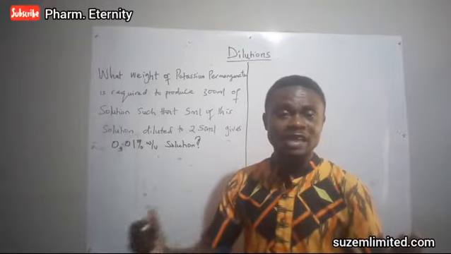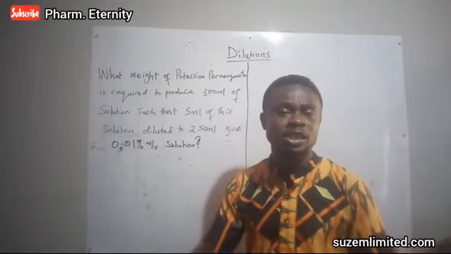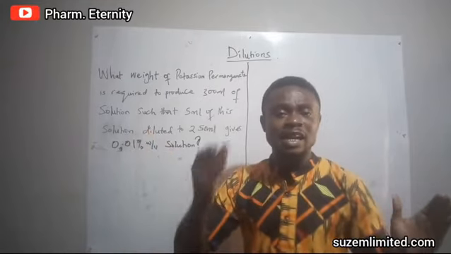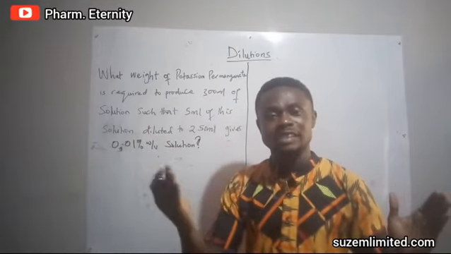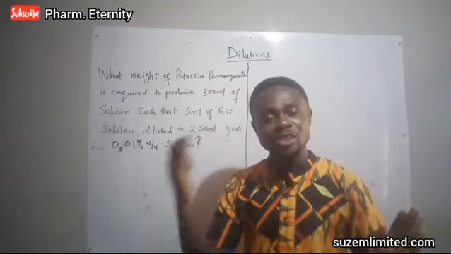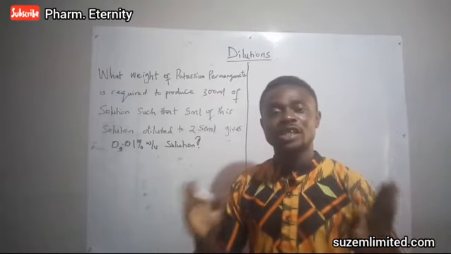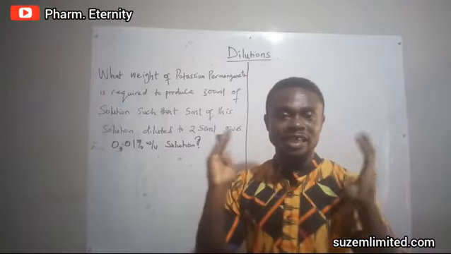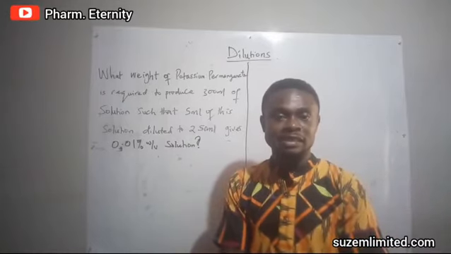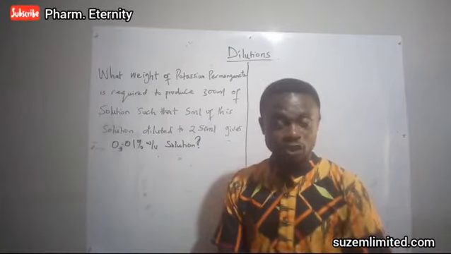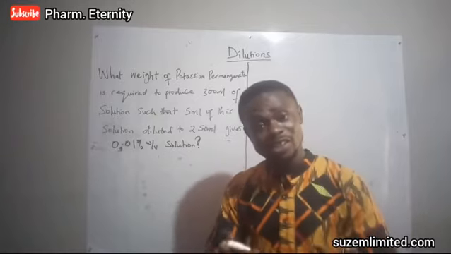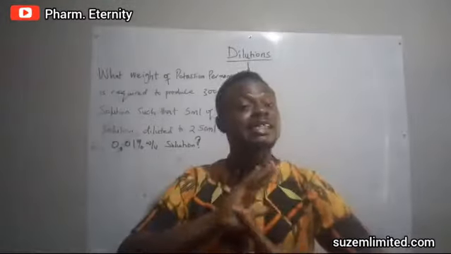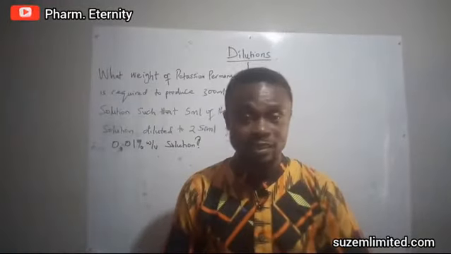So as you are adding the diluents, the total amount of the mix will change, and the strength of the active ingredient in the total mix, that's the product, will change. But the amount of the active ingredient in the powder remains the amount you initially added.